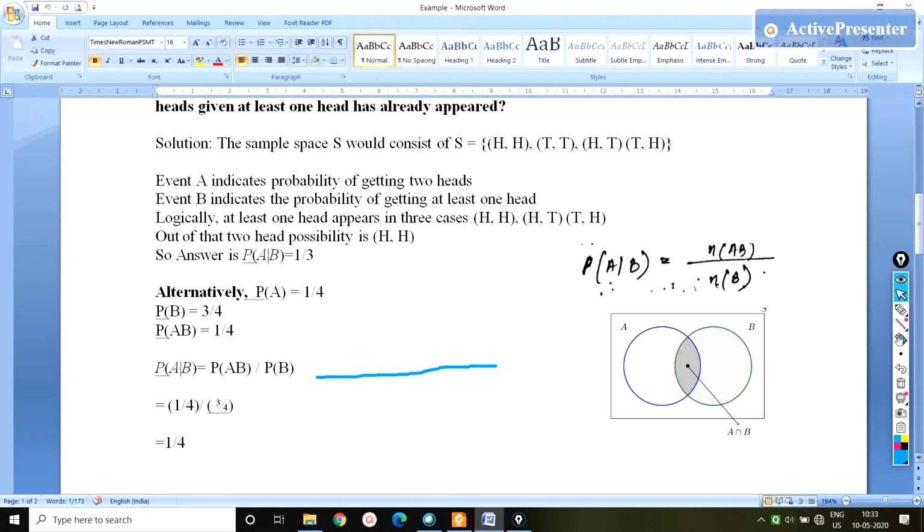This Venn diagram clearly illustrates the number of cases favorable for both the events, this shaded area, inside B. So the number of cases which are favorable for A inside the cases covered by B only, that is this shaded portion, will give you the probability of A given B. So that is why it will be the number of cases favorable for both the events A and B by the number of cases favorable for B. Fine, so this is that. We'll move on to the previous one.